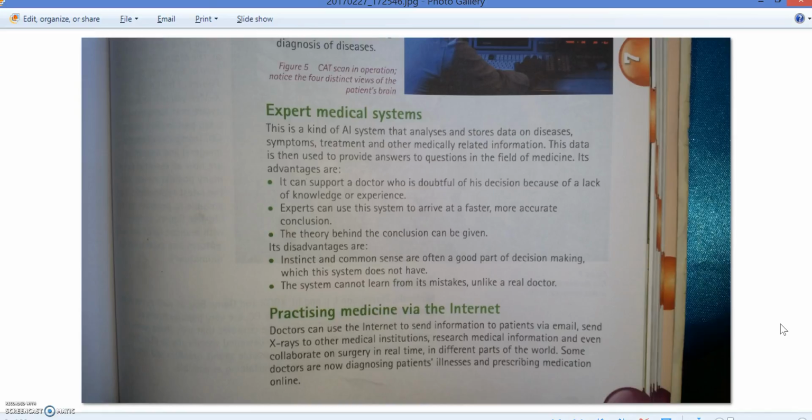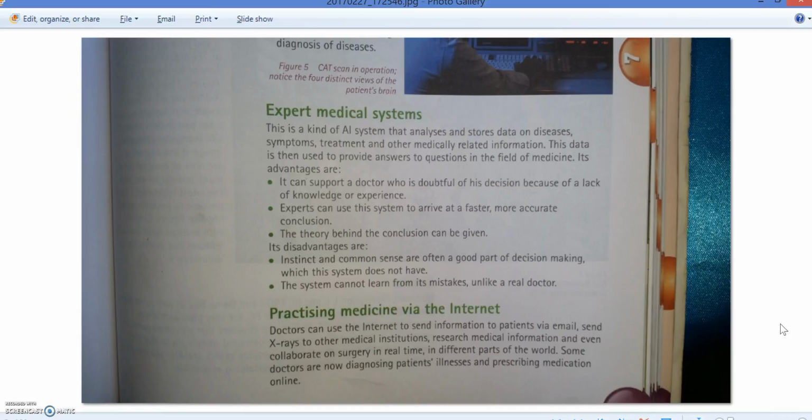Here we have the expert medical system. So we talked about expert systems before, and these are some advantages and disadvantages of expert medical systems in particular. Remember that it's still a machine, it's still a computer, and it can't really include instincts and common sense that humans can use as part of decision making.